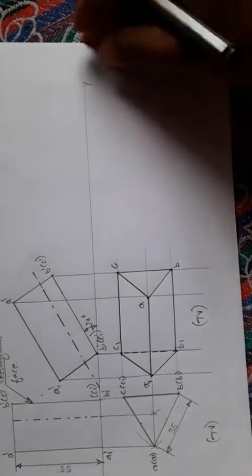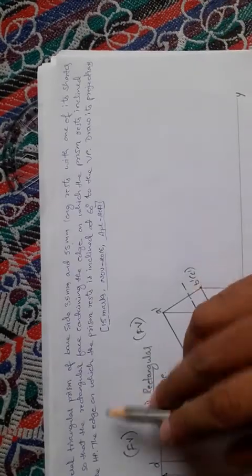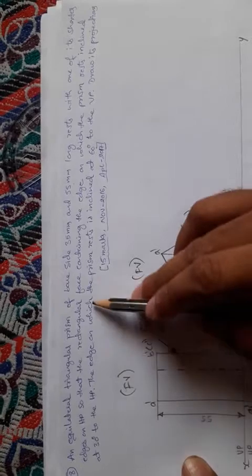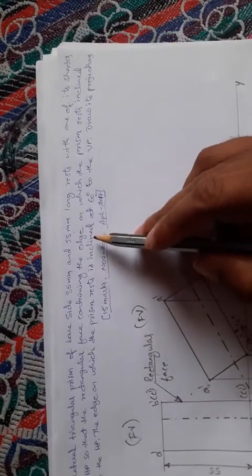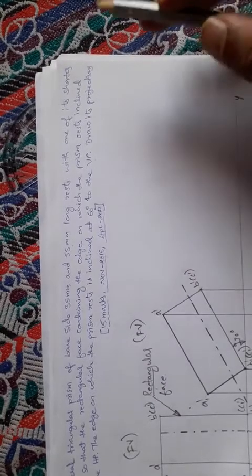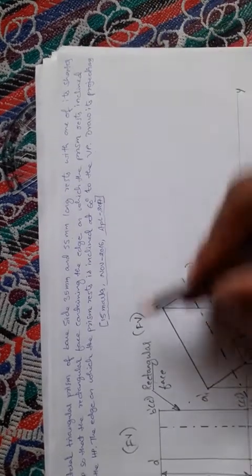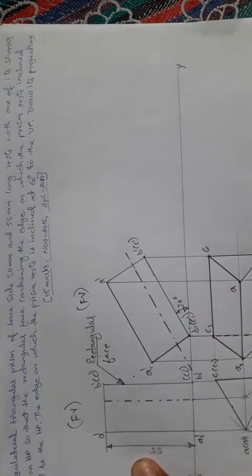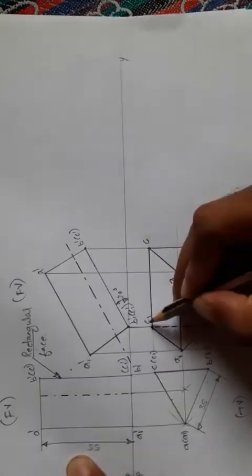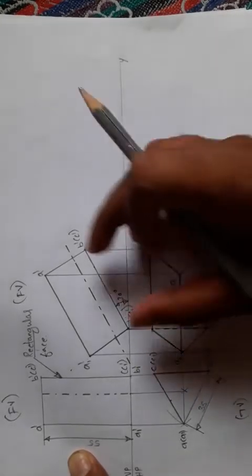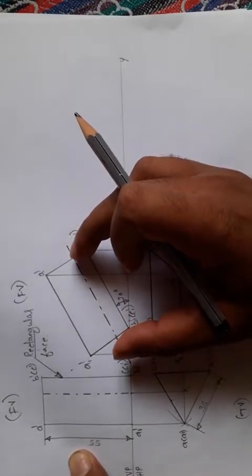And what is the next step? The edge on which the prism rests is inclined at 60 degrees to VP; draw the projection. So what is the rest part of the equilateral triangular prism? B to C is the rest part of the prism.